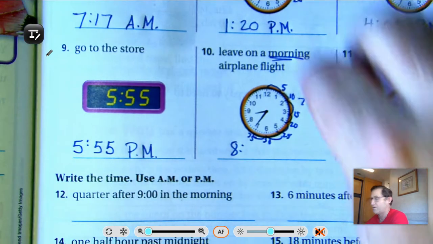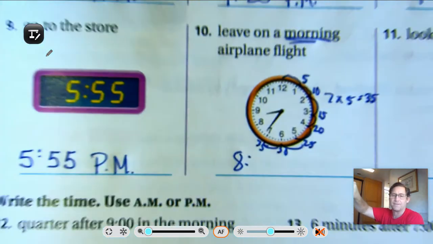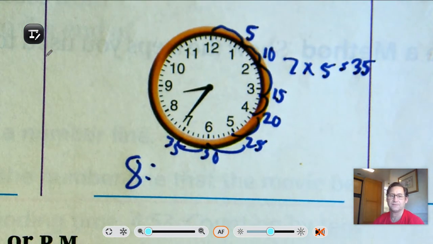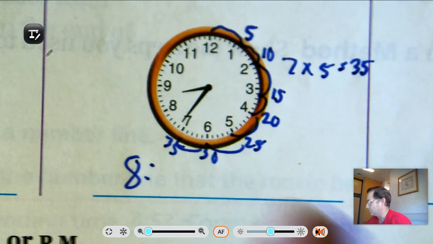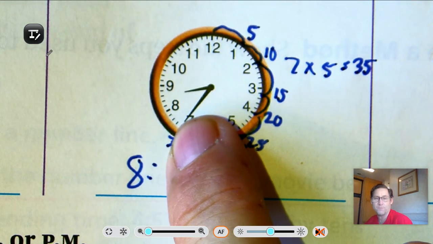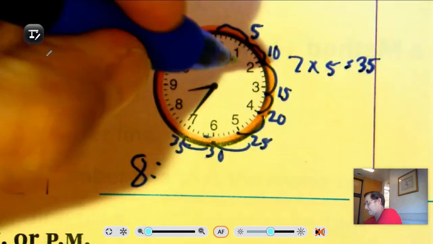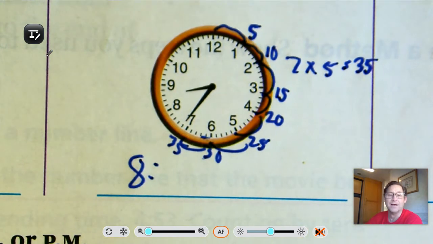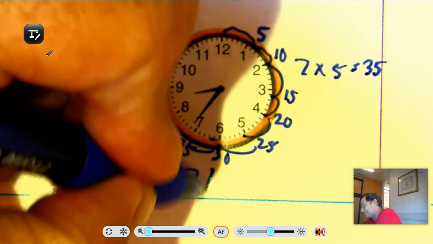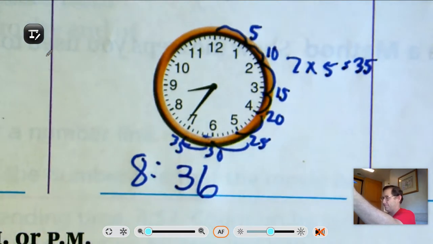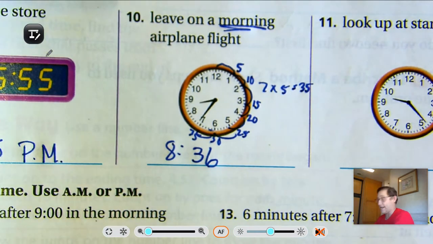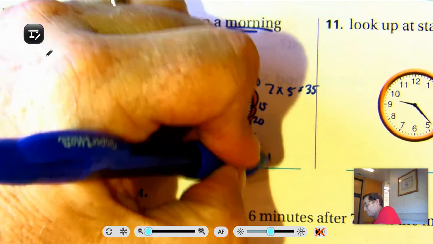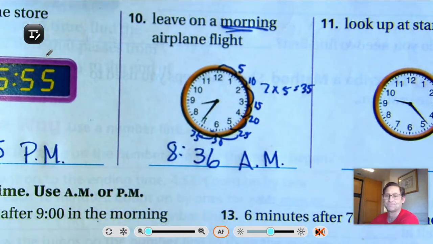Okay, so we're at 8:35, and then we have to count the minute marks. 1 minute past the 7 would be 8:36. Okay, and then it said on a morning flight, so AM.